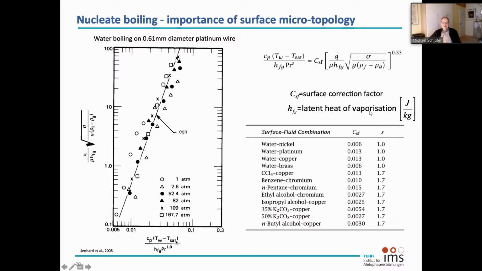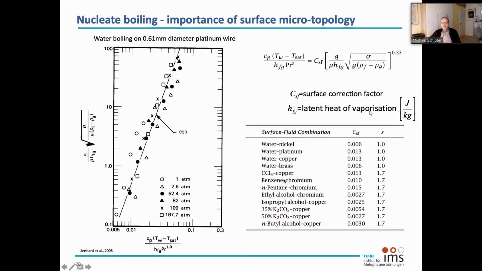So here we can see how this equation works. Here we have the heat flux. Here we have our superheat temperature in combination with heat capacity and Prandtl number and the latent heat. And you see that we get almost in this double logarithmic diagram here a line. And this line here, we have the equation, the Rohsenow equation. And you see this line very nicely fits different material systems. So here we have different pressures, and we have very different material systems, water nickel for the surface, fluid combination, water platinum, ethyl alcohol chromium, isopropyl alcohol copper.